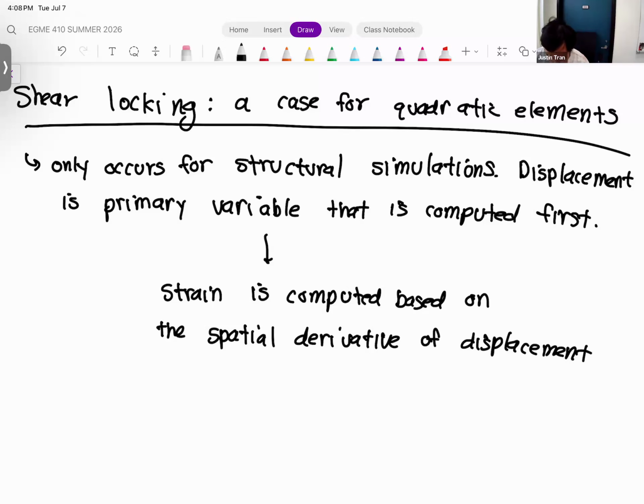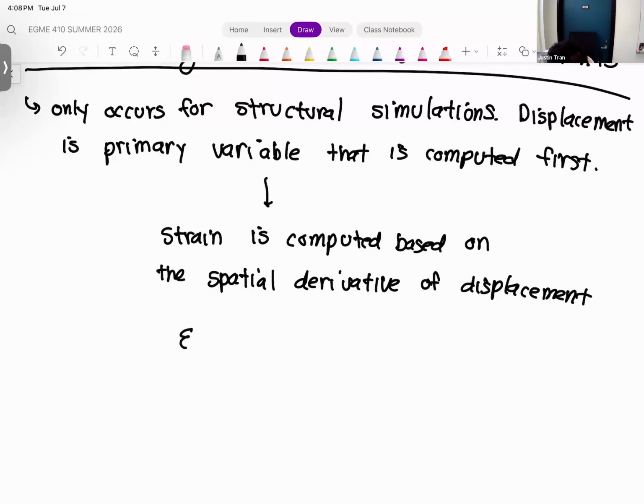Right? So in order to get strain, we take our displacement, which is a vector quantity, and then we take the derivative with respect to space, which has vector components as well.